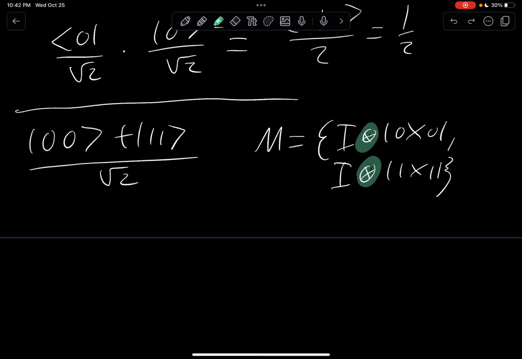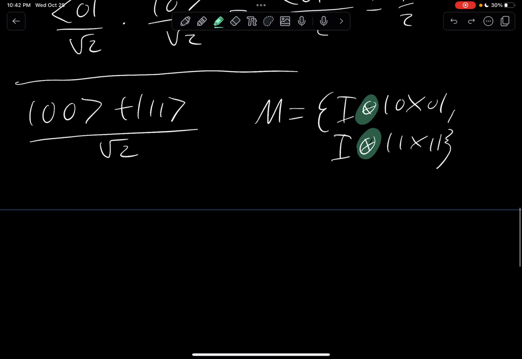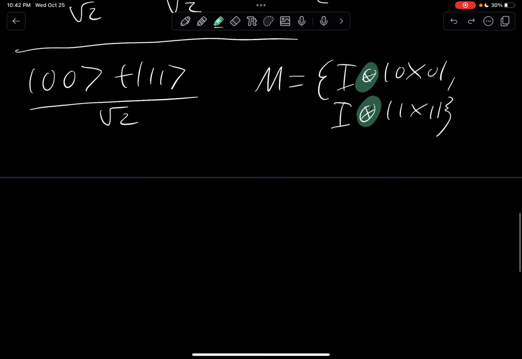It shouldn't be too hard to see. Okay, so let's apply the first one, and you can see that the second one is calculated in a very similar manner.